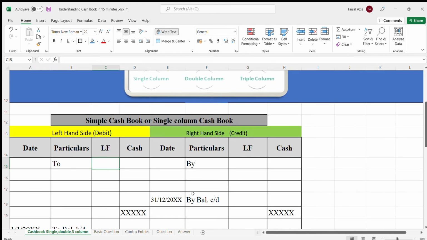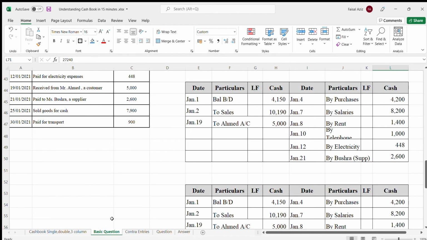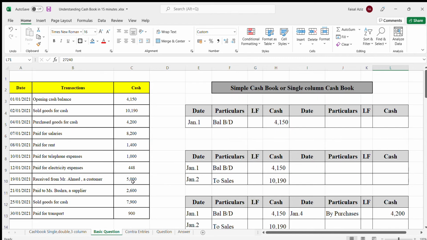Contra entries are entries which affect both the debit and credit side, meaning both left and right side at the same time. So let me give you the basic illustrations, and I will explain how we can record basic business transactions in the single column cash book.